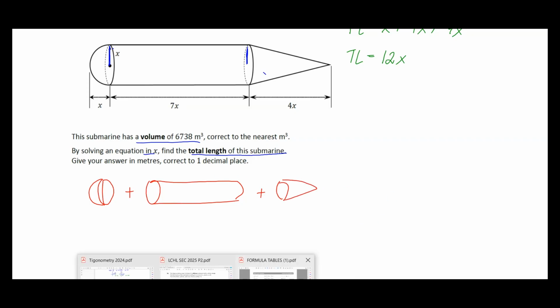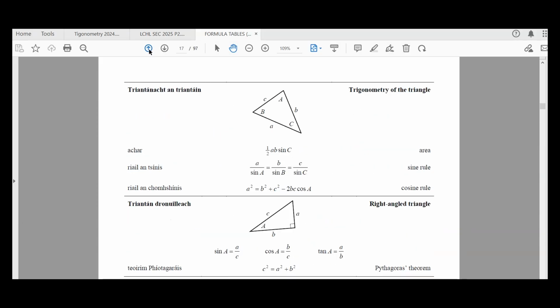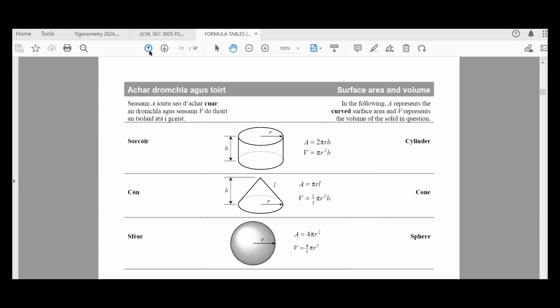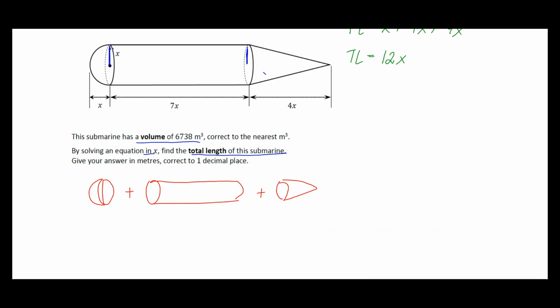Well, we go to the table and we look for the formulas for each one of those. So volume of the sphere, 4 over 3 pi r to the power of 3. However, we need only half of it, so we are saying a half multiplied by 4 over 3 multiplied by pi multiplied by radius to the power of 3.